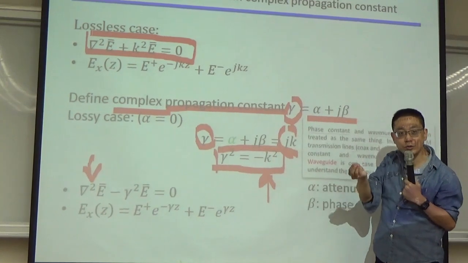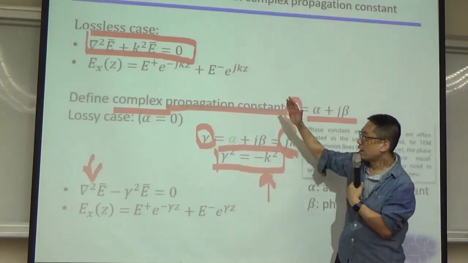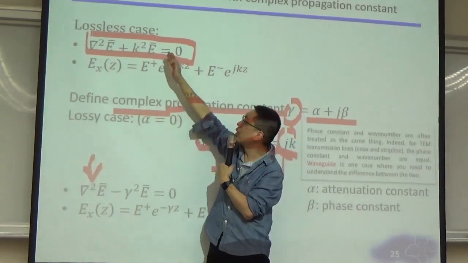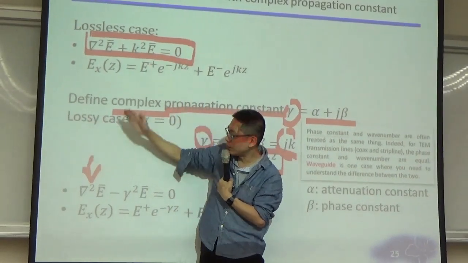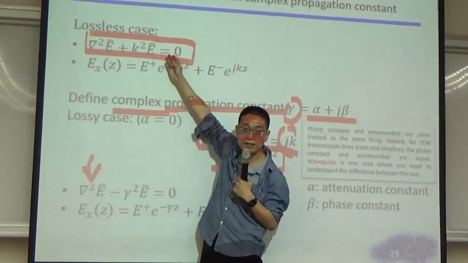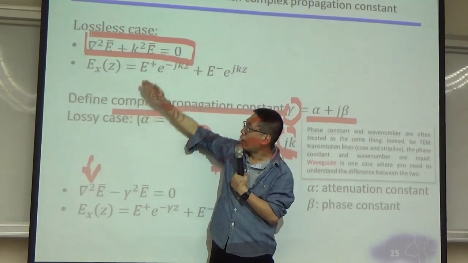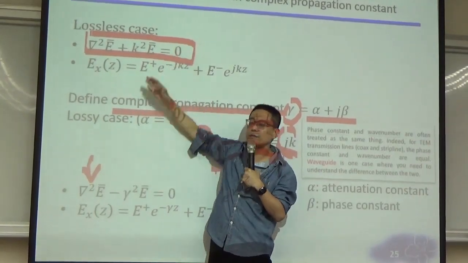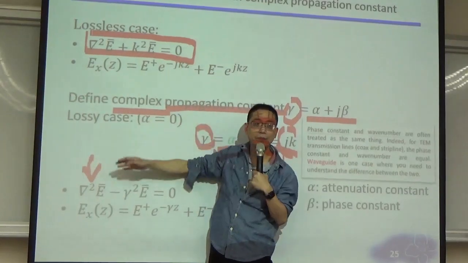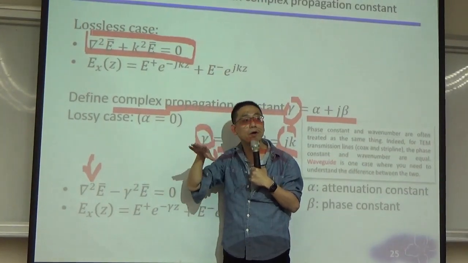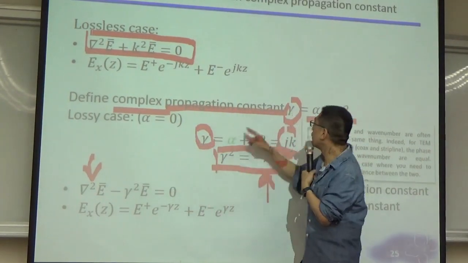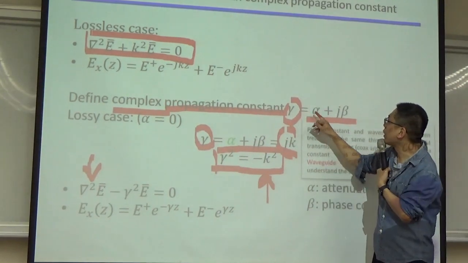We try to fit our result to our lossless case, this lossy case and the lossless case. We try to make them identical, the same, if alpha equals 0.